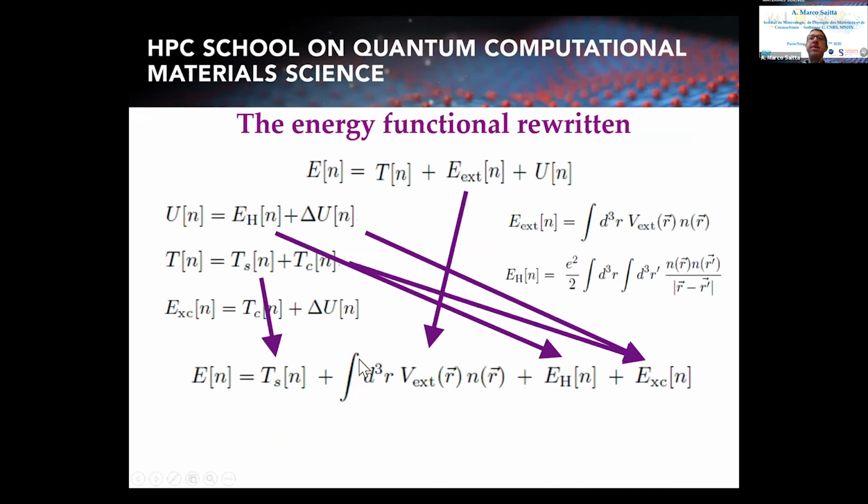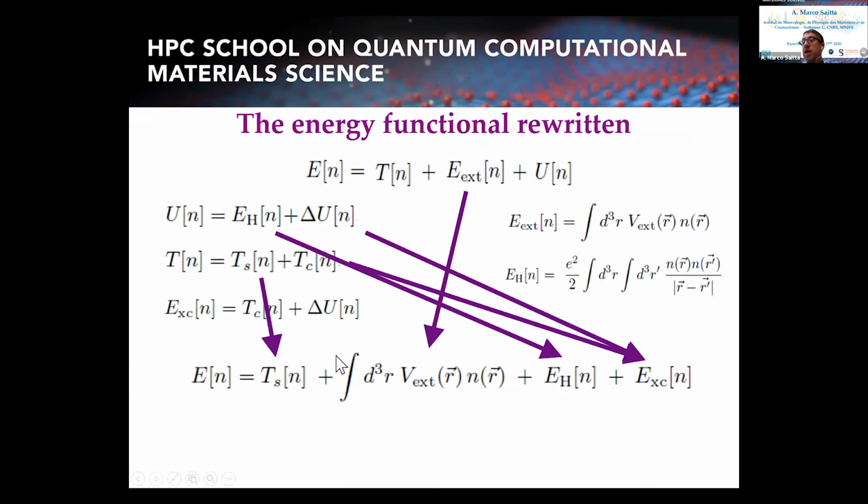That is, there's a one-to-one correspondence between the electron density and the external potential. And so if you know the ground state electron density, you have in principle access to the full Hamiltonian, and so to the energy and the eigenvalues of the Hamiltonian. So there are mathematical theorems that guarantee you that.